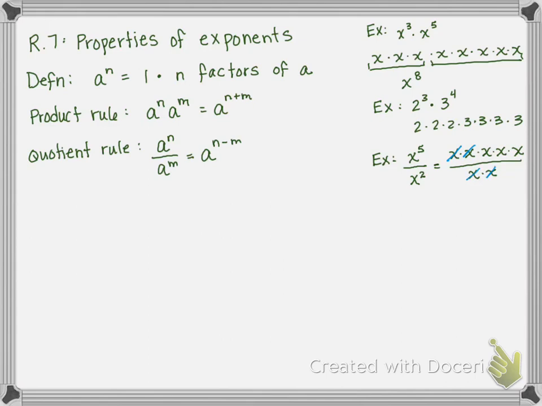And so what I'm really doing is reducing the number of factors in both the numerator and denominator by 2. So we have x to the 5 minus 2 and x to the 2 minus 2. But then in the denominator, we end up not having any factors of x, right? So we don't typically write that. We just write the 5 minus 2. And so that gives us x to the 3rd.